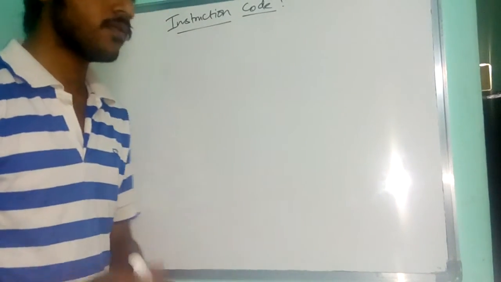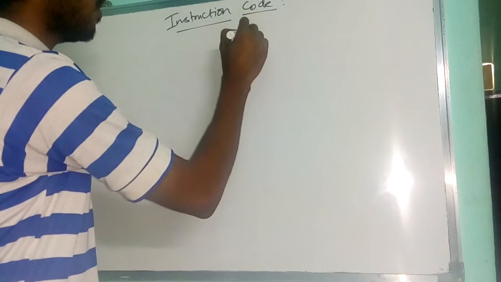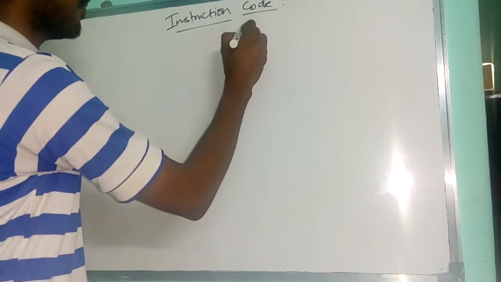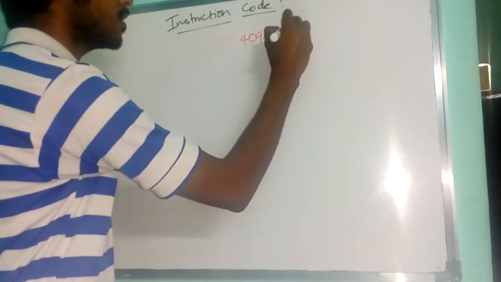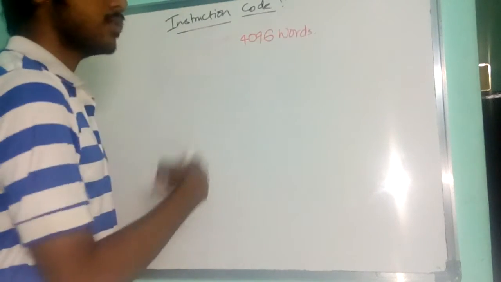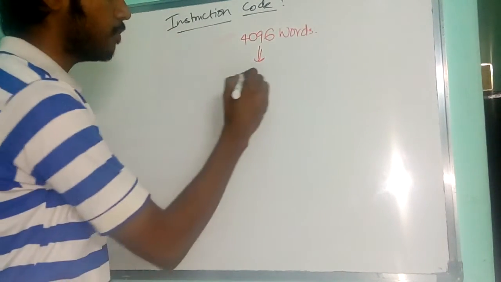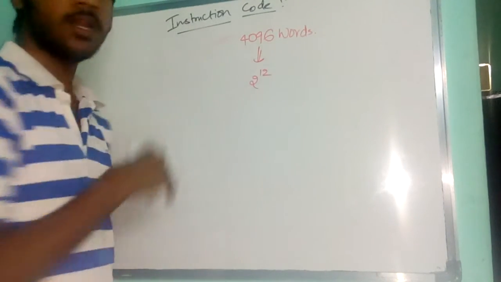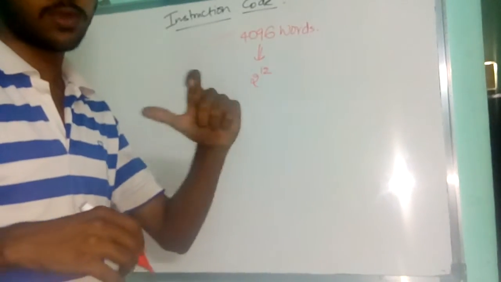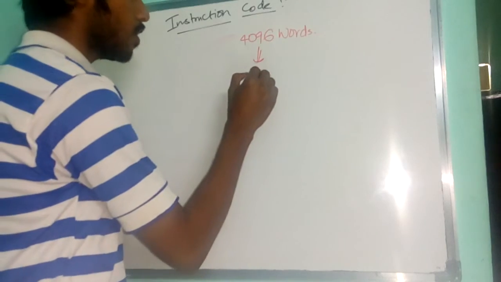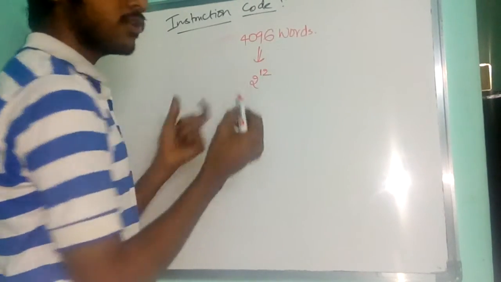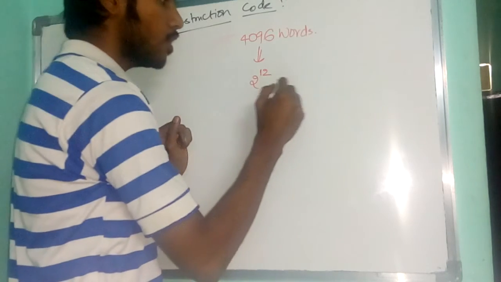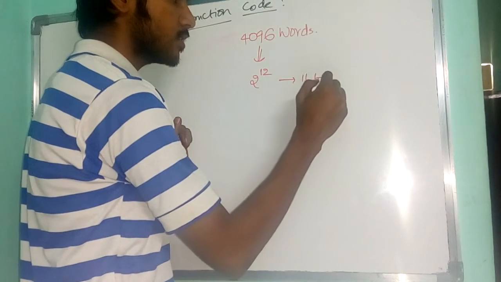So basically, for a computer, my memory space will be 4096 words, where 4096 can be denoted by 2 power 12. So I will denote 4096 words as 2 power 12 16-bit words.